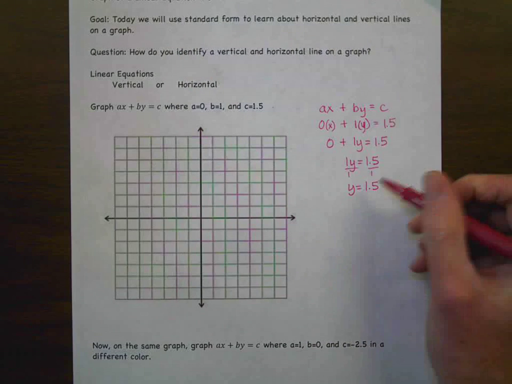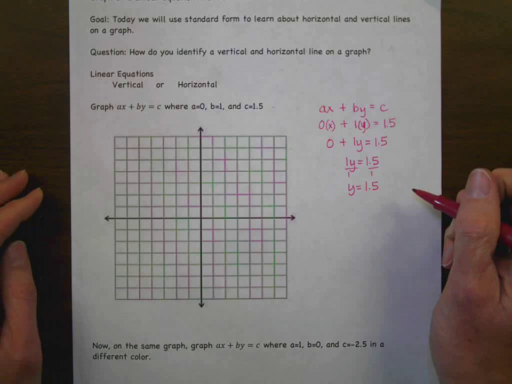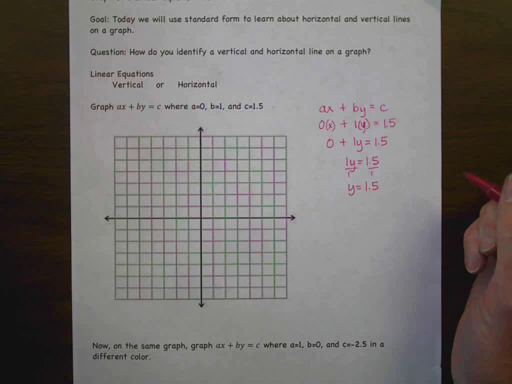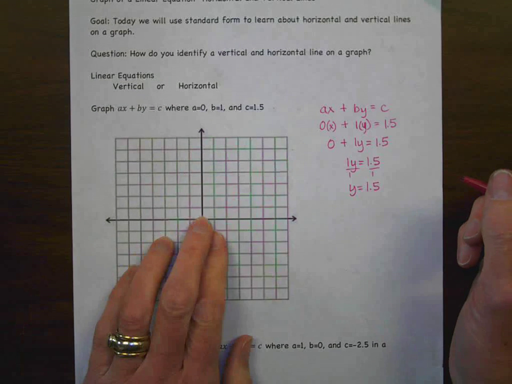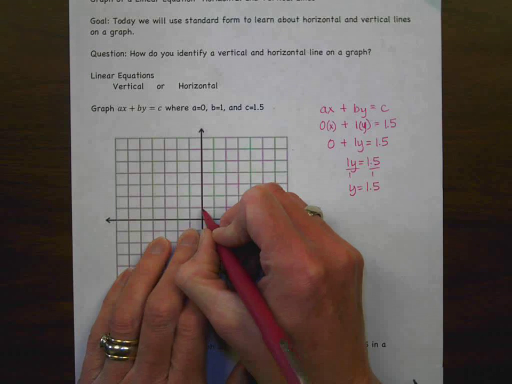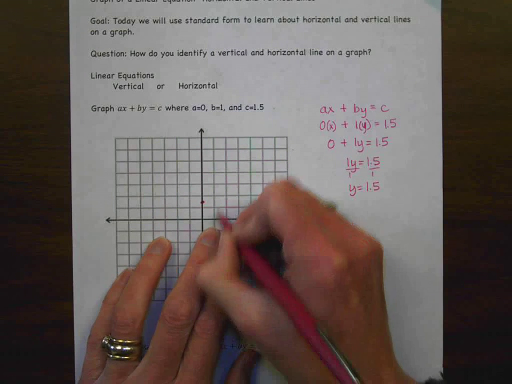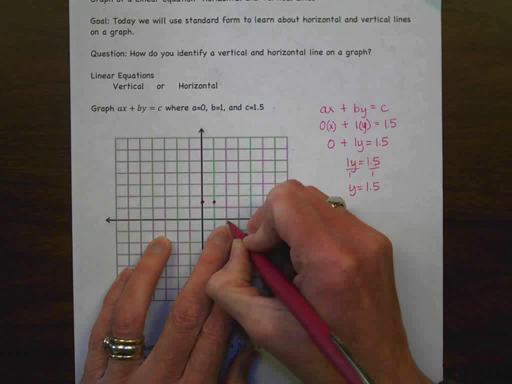What that means is that every y value has to be 1.5. It doesn't matter what your x value is. So what if x was 0? Then we would still say that the y value is 1.5. If the x value is 1, 1.5.